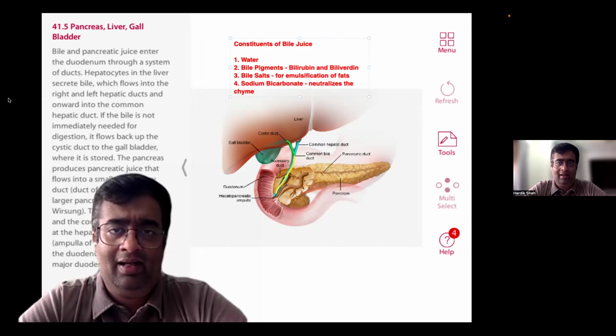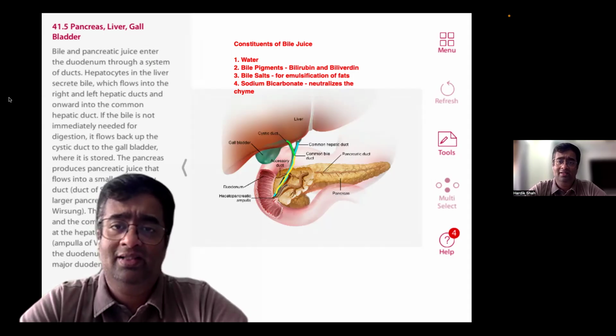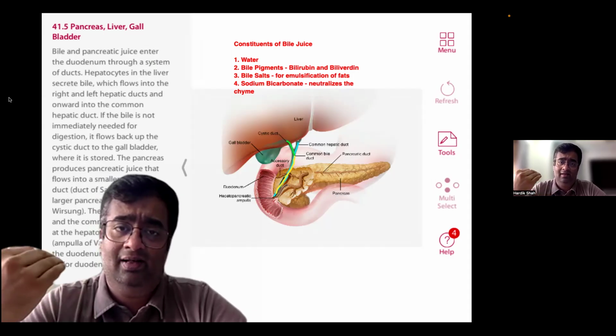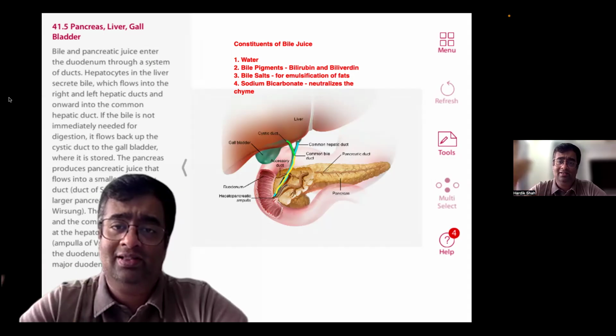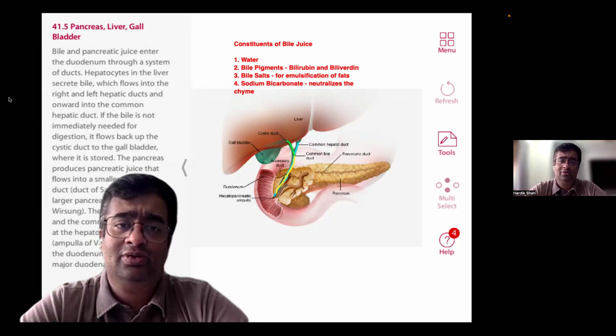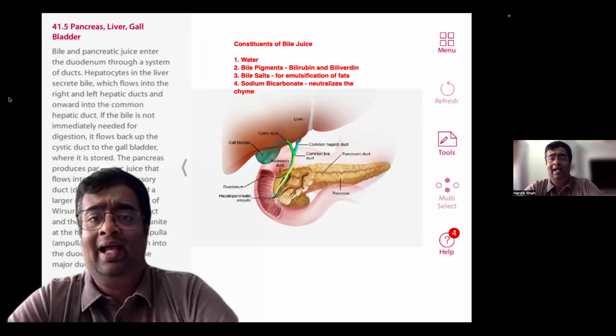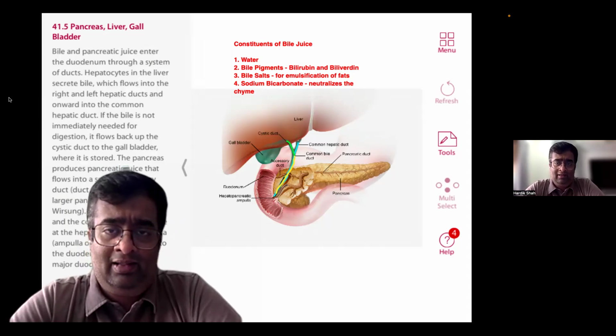Therefore it's important that the bile juice, which contains sodium bicarbonate, is released first as soon as the chyme arrives to neutralize it, so that the pancreatic juice containing pancreatic enzymes can act on the food. Now let us talk about the pancreatic juice as well.